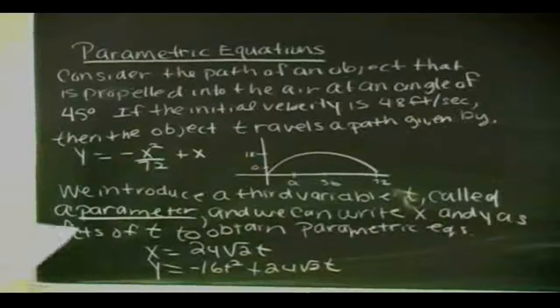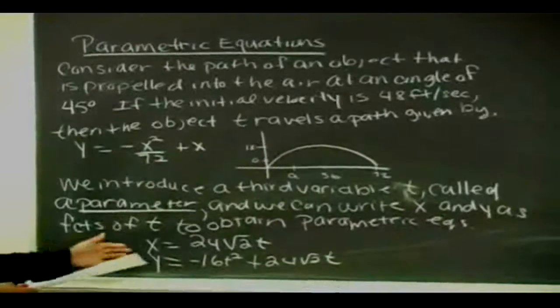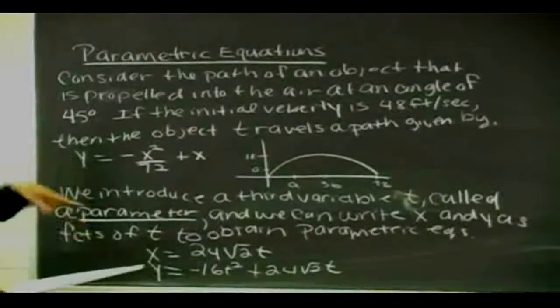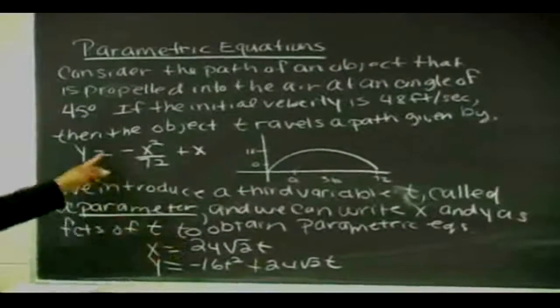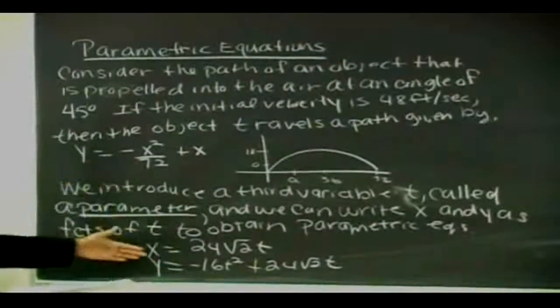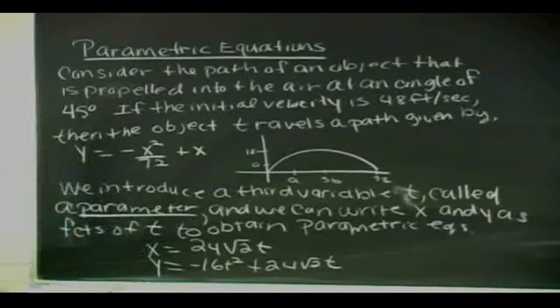Okay? So this is a set of parametric equations that represents introducing into what? This third variable t. So this and these set of parametric equations represent the same thing. We just brought in a third variable.